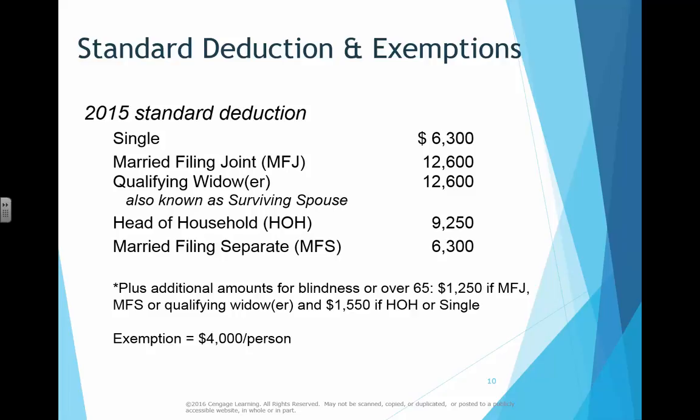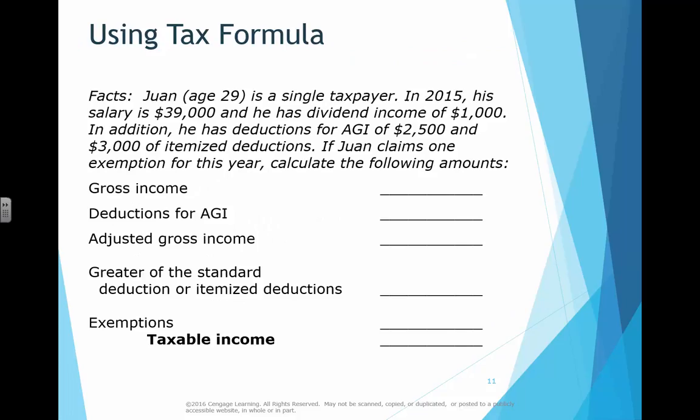He's 67 and blind. 12,600 plus 1250 plus 1250. 15,100. They're both 67. They're both blind. 12,600 plus 1250 plus 1250 plus 1250 plus 1250. Okay? You'll get the hang of it.